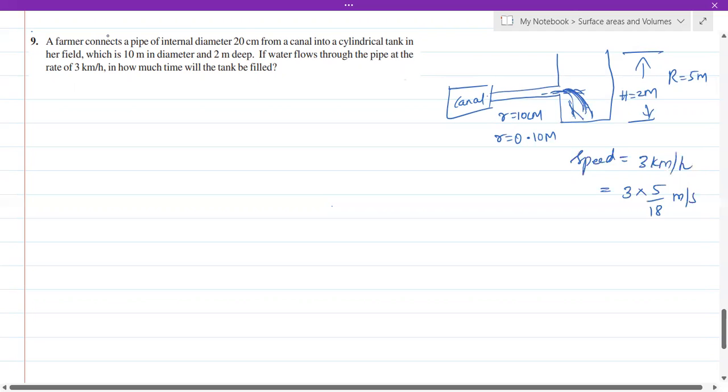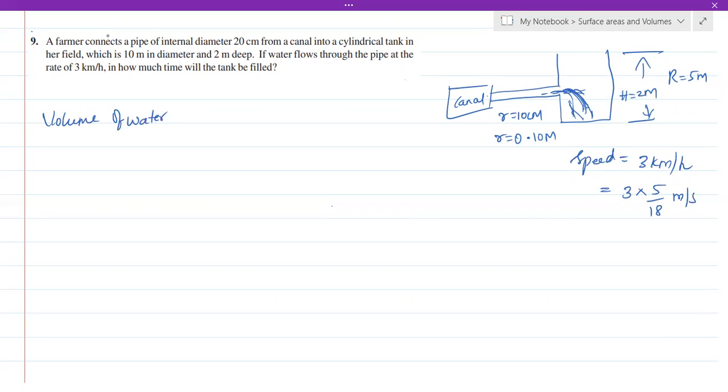Now, the volume of water coming out from the pipe is actually equal to the volume of water in the cylindrical tank, isn't it?